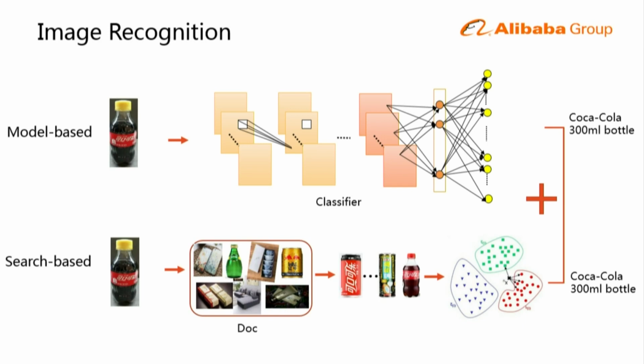When a query image comes, we first search among the database, and then we can get the top K results, and then by using some voting mechanism, for example, weighted KNN, we can also classify what category the query image is. Sometimes the two approaches, model-based and search-based, can be combined together to better improve the performance.